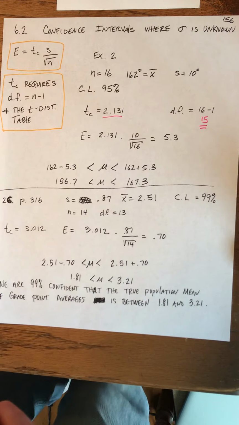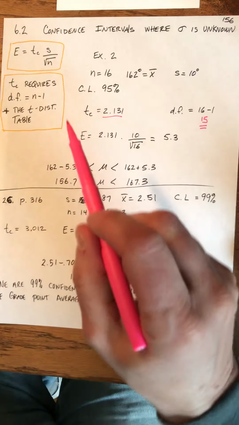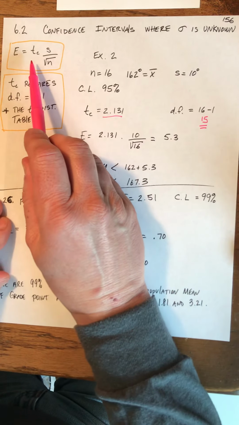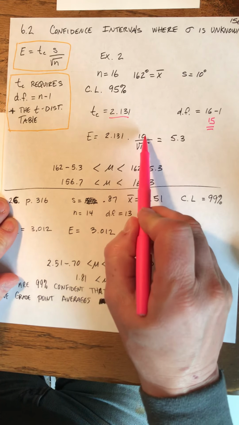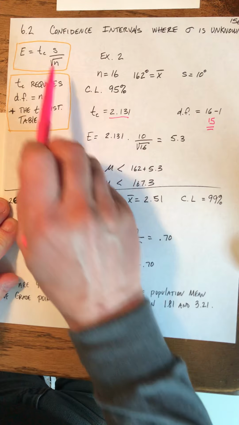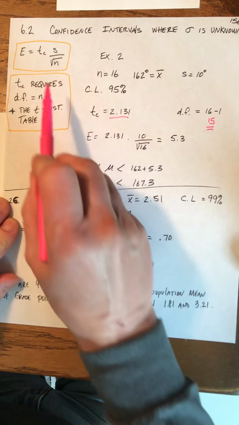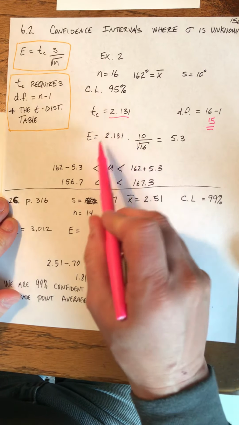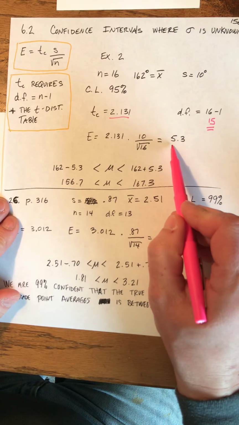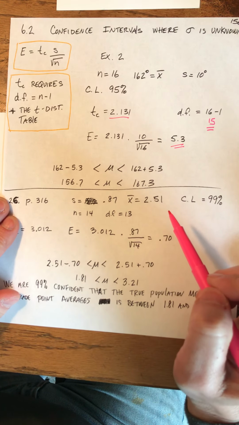Now I'm going to use that t-score in the formula for the margin of error. I put that number in for t times s, the sample standard deviation, over the square root of n, which in our case is 16. I did the calculations to save time, and it comes out to be 5.3.